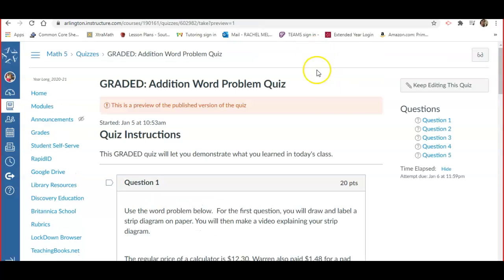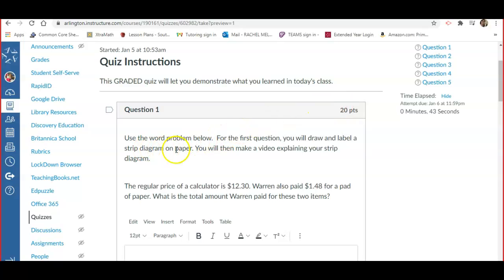Now, the quiz is going to look the same for every quiz this week, and every quiz this week is graded. Okay, so for the first question of the quiz, it says you will draw and label a strip diagram on paper. You will then make a video explaining your strip diagram.